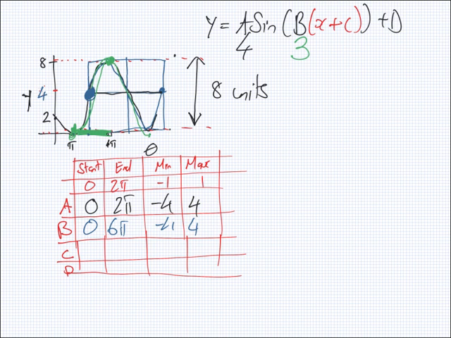So that's 2.5 pi. So what's the C? If I move it right, what's the C? It's minus 2.5 pi. So if I apply that, I'll start at 2.5 pi and then finish at something.